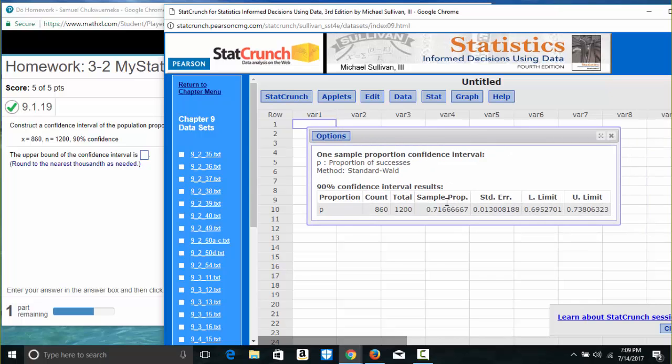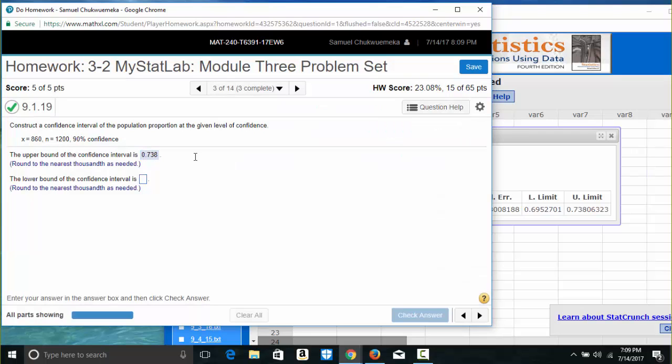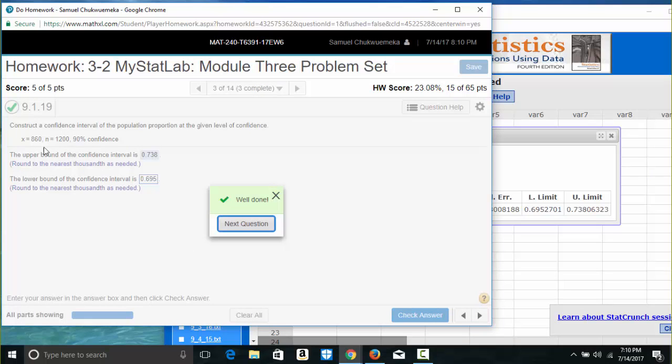And the upper bound in this case is 0.738. And the lower bound, which is the lower confidence limit, is 0.695. Actually, that was the same question we just did.